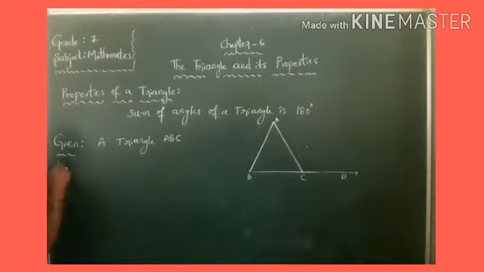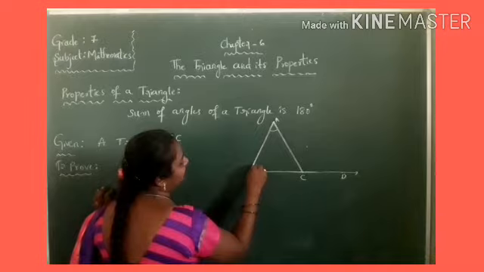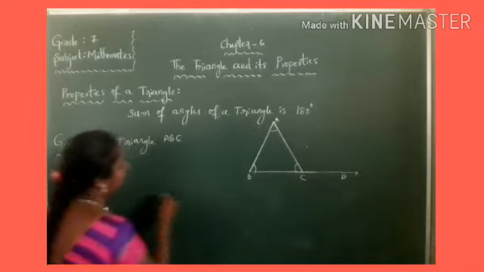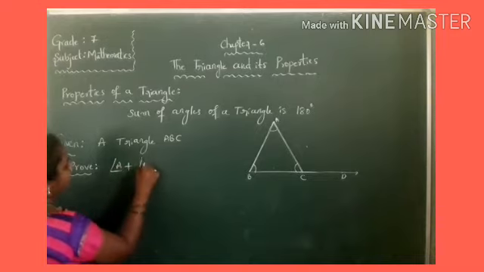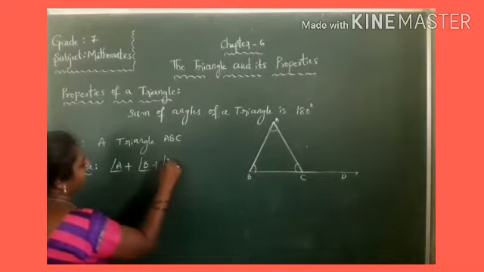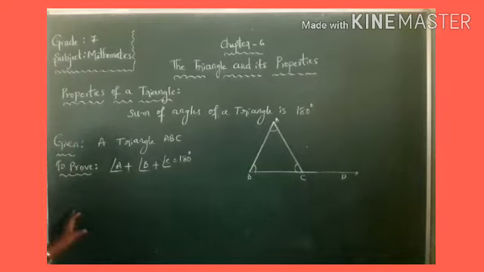And you have to prove the sum of all angles, that is angle A plus angle B plus angle C is equal to 180 degrees.